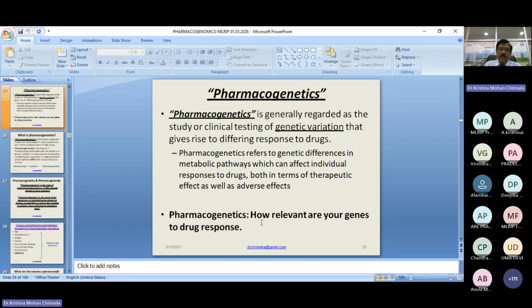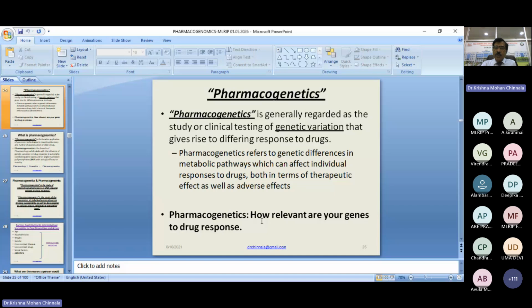Okay, so then what is pharmacogenetics? It is generally regarded as the study or clinical testing of genetic variation that gives rise to differing responses to drugs. Okay, pharmacogenetics refers to genetic differences in metabolic pathways which can affect individual responses to drugs, both in terms of therapeutic effect as well as adverse effects.